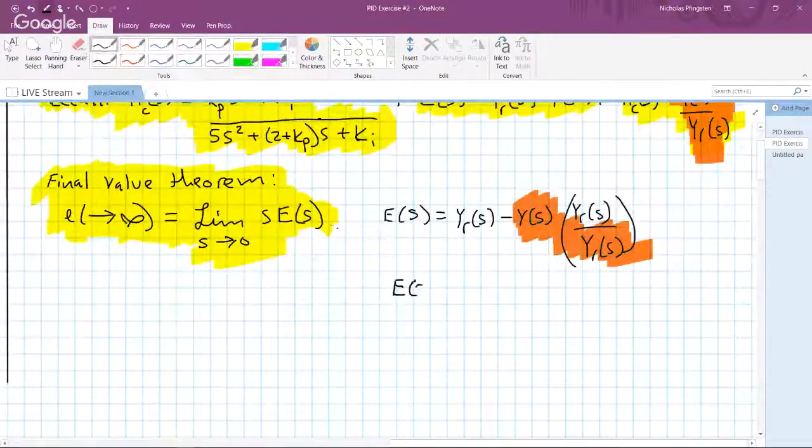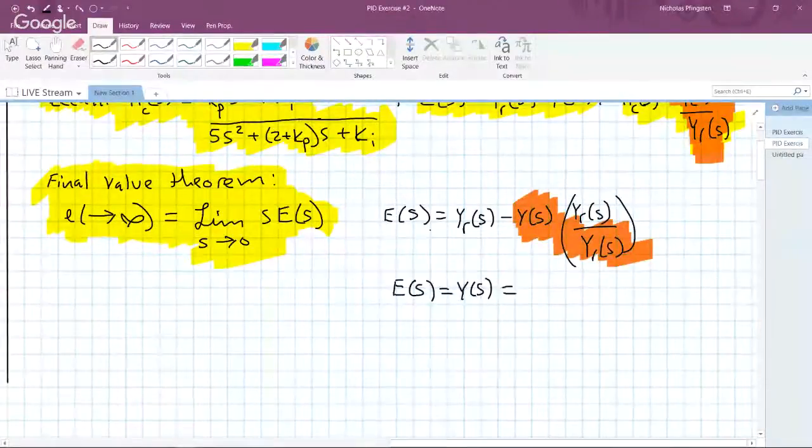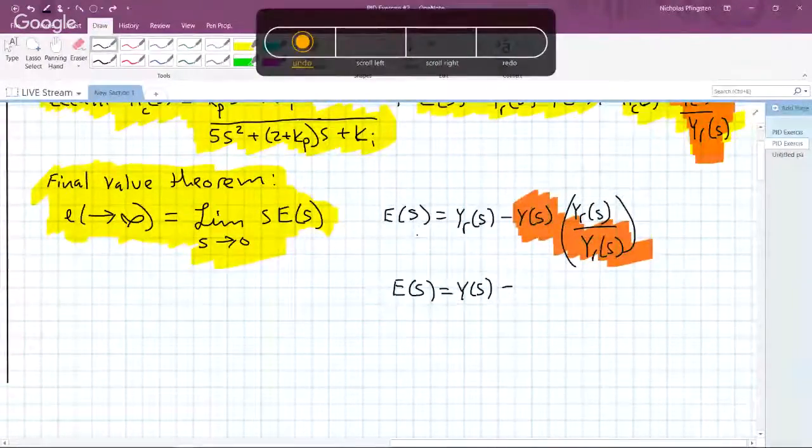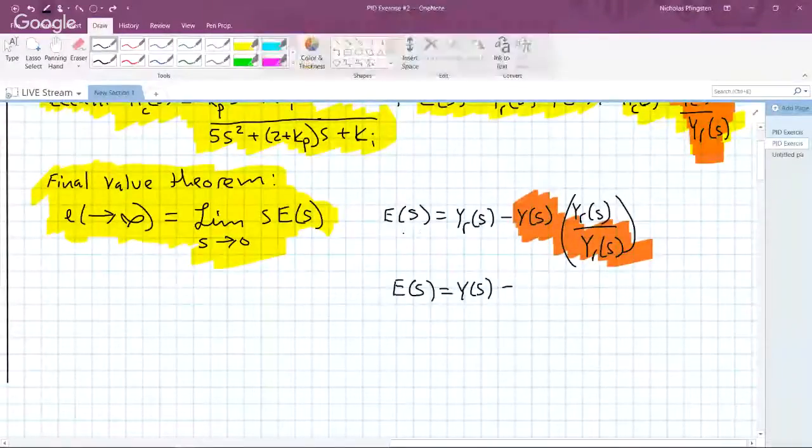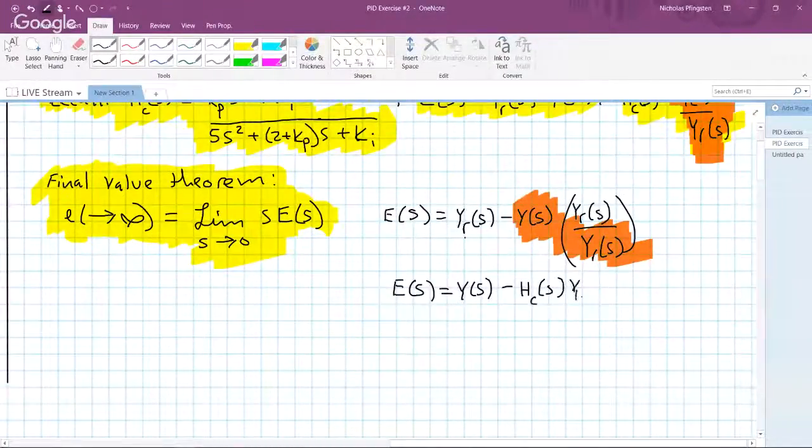And we'll do that, which will give us capital Y of S minus H sub C of S times Y sub R of S. Forgot the R there.